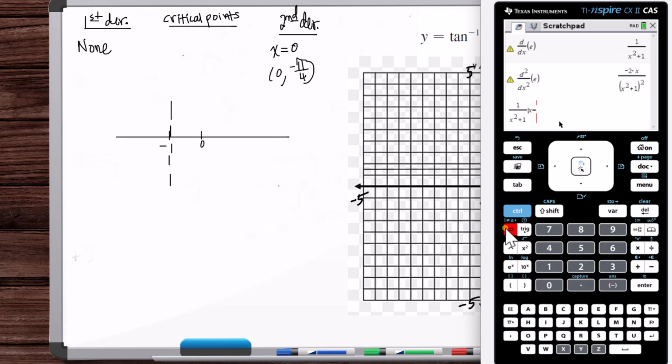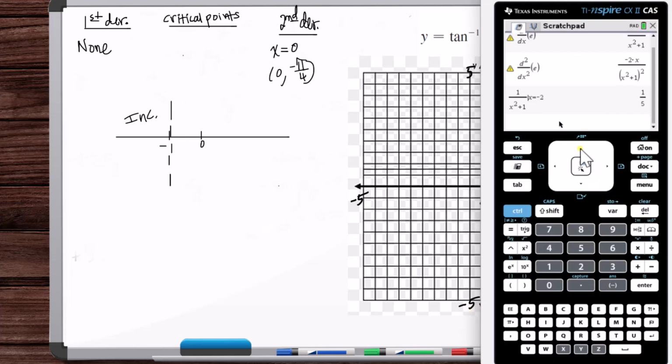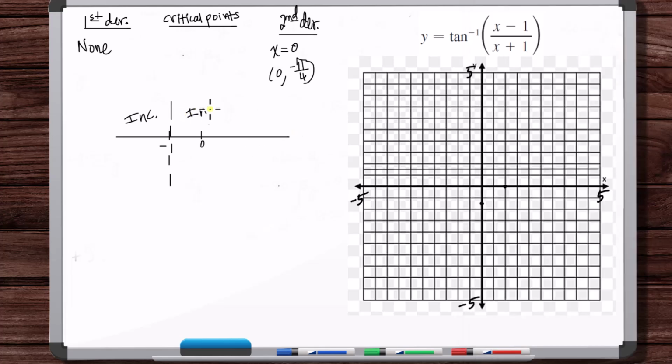So x is equal to minus 2: increasing in this region. And then x is equal to 0 for the first derivative: it's increasing in this region. Okay, so there is no change. It's increasing everywhere.